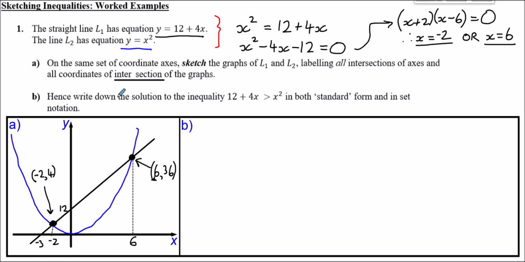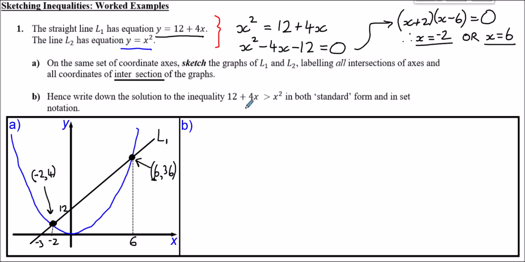For part B, it says write down the solution to this inequality where 12 plus 4x is greater than x squared. Okay, so what we're going to do here is just think about 12 plus 4x. Well, 12 plus 4x is this straight line here, which is L1.